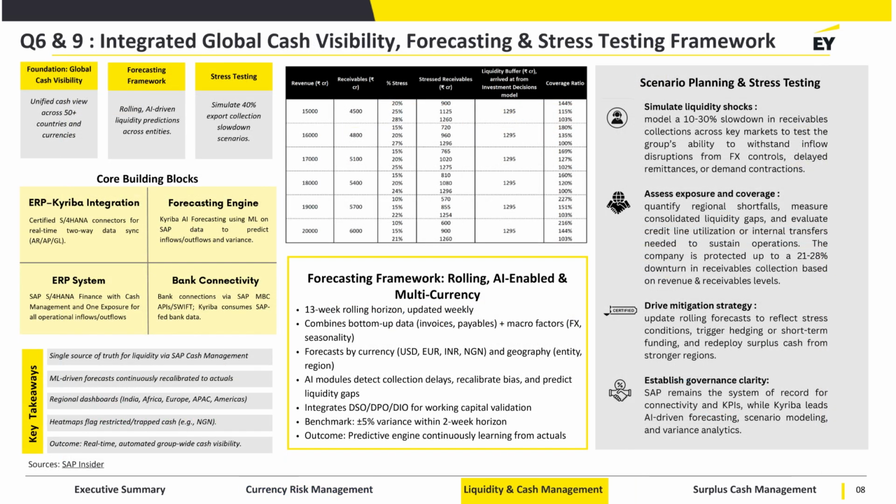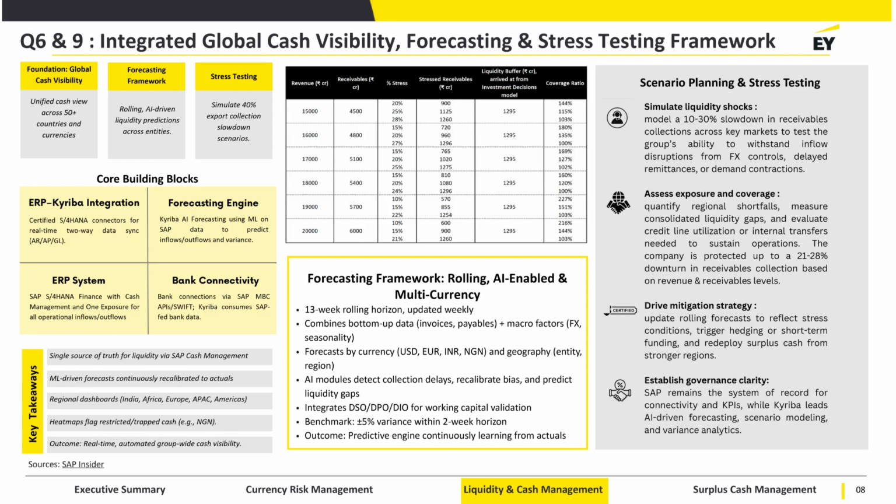Through slide 9, we look to move on to our second section, that is liquidity and cash management. We are addressing both questions 6 and 9 together on this slide, as we found various connections between the solutions. Our overall 3-step outlook is firstly to ensure global cash visibility, that is a unified cash view that allows us to find transparency across the 50 plus countries we are operational in.